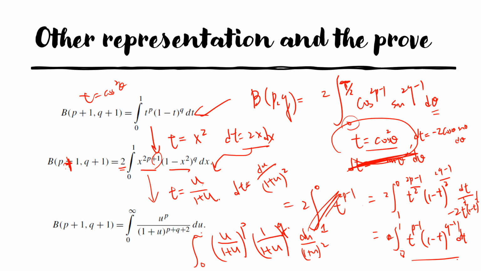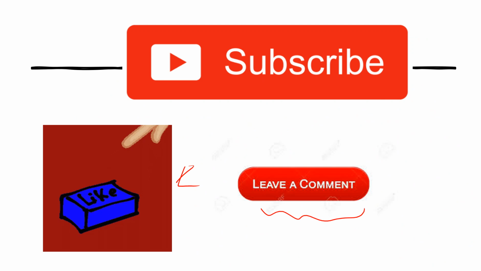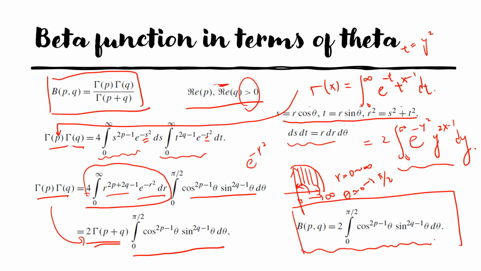Doing the integration, the numerator is u to the p minus 1, and the denominator is 1 plus u to the p, 1 plus u to the q, and with the extra factors it's 1 plus u to the p plus q, du. That's it. We have connected all of them.